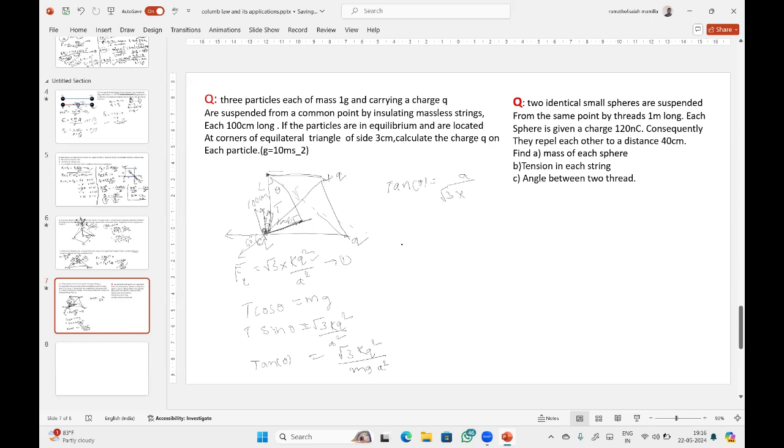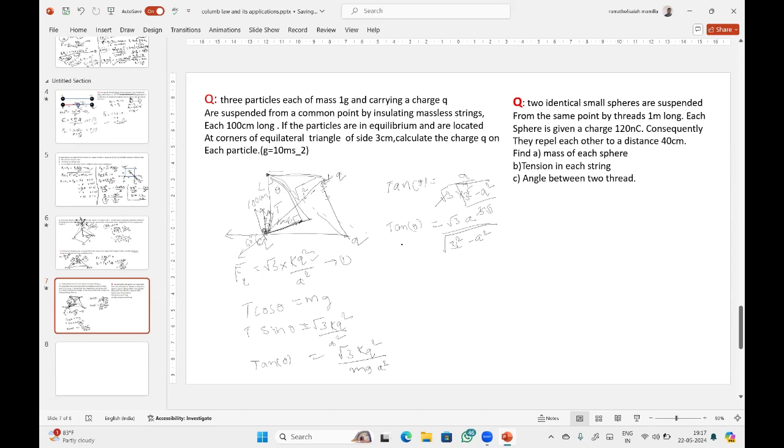The adjacent side I don't know, since L is the hypotenuse, so I substitute root over L squared minus A squared by 3, which is root over (3L squared minus A squared) by root 3. The root 3 cancels, so tan theta is equal to A by root over (3L squared minus A squared).